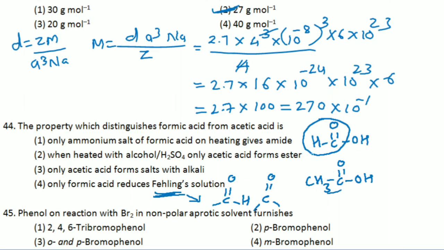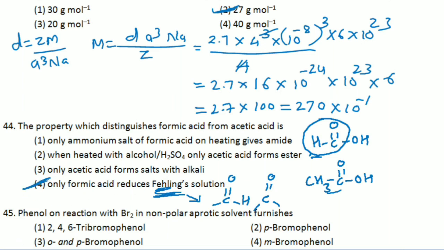Because of that, the aldehydic group can reduce Fehling's solution. So formic acid can reduce Fehling's solution, or Fehling's solution can oxidize formic acid, because of the HCO. Very important, remember, among all carboxylic acids, like aldehydes, formic acid can also reduce Fehling's solution. That is the only differentiating test.